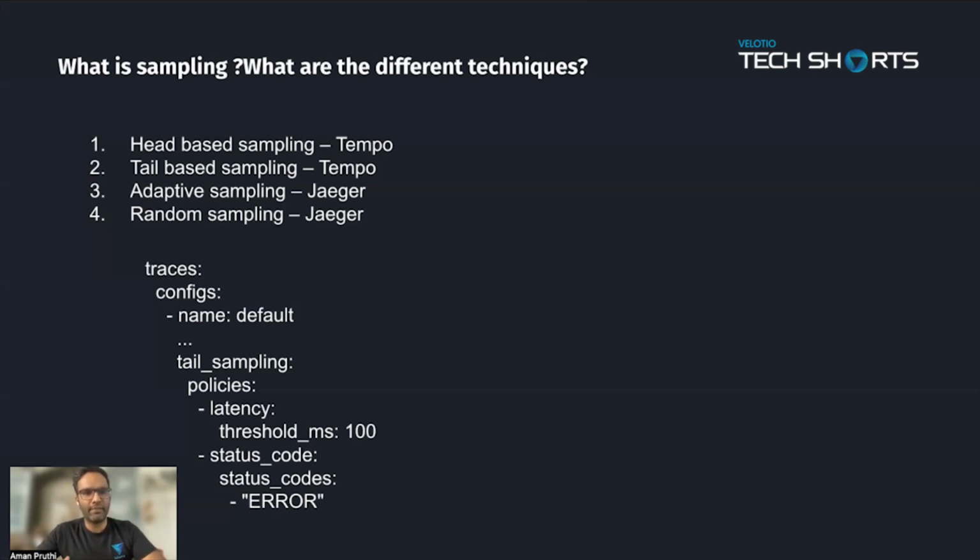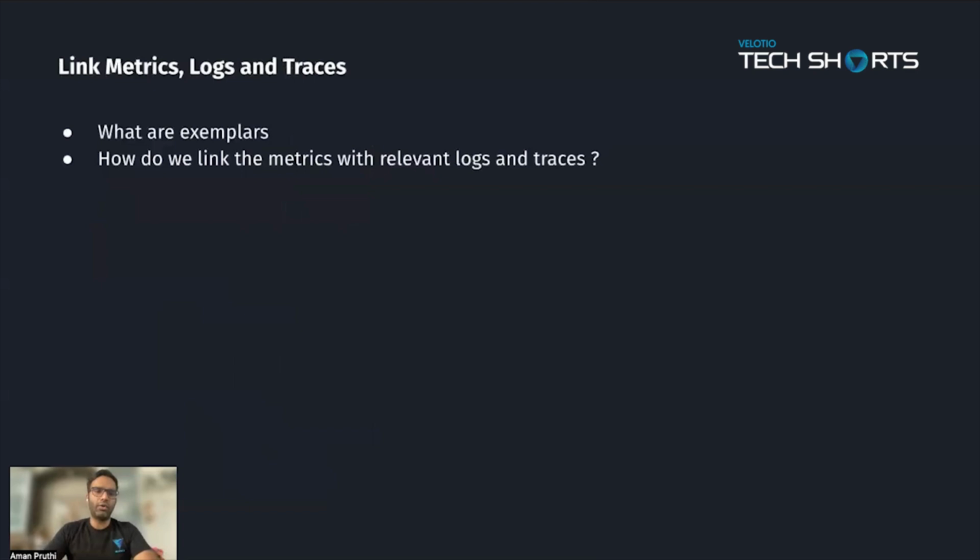Similarly, adaptive sampling is when your system adapts to the traffic changes happening in the production system, to make sure that you sample only that percentage or number of requests so that your sampling budget, or tracing budget, is not exceeded. Now how do you link these metrics, logs and traces together? We'll see that in a demo, but we'll do it with the help of exemplars.